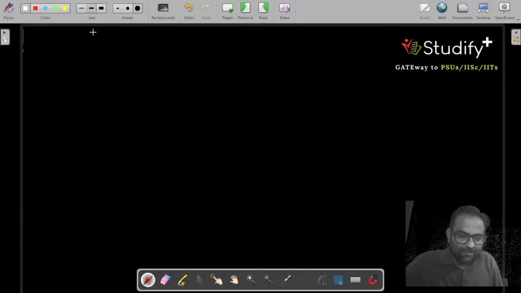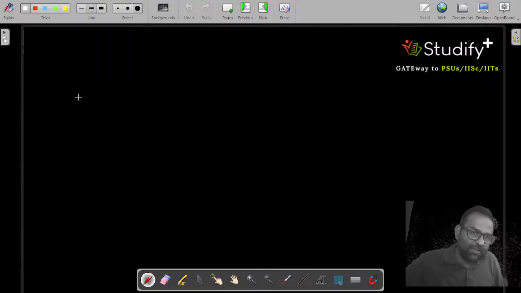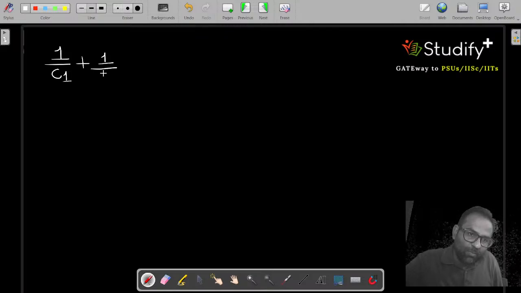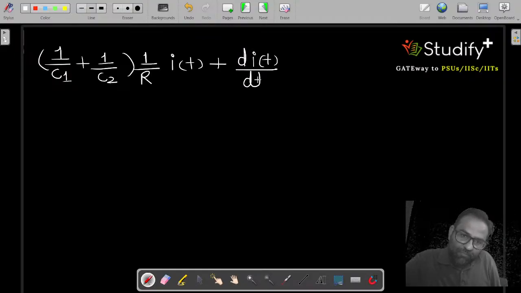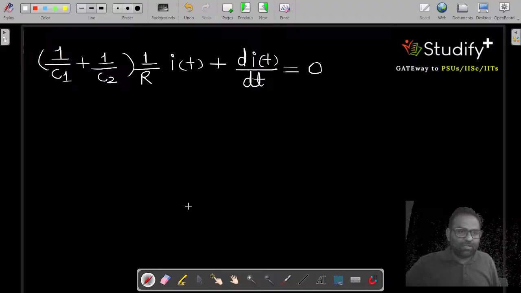It looks like this: (1 by C1 plus 1 by C2) into 1 divided by R into i(t), plus di(t) divided by dt, equal to 0.